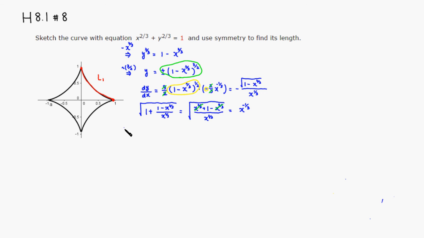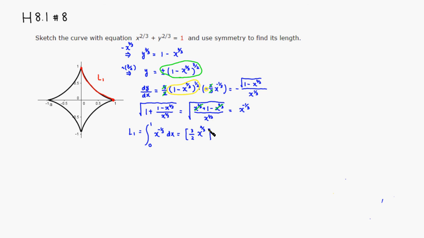So we can find L1. L1 is going to be equal to the integral from 0 to 1 of x to the negative 1/3 power with respect to x. The antiderivative: add 1 to the power, so that's 2/3, and dividing by 2/3 is equivalent to multiplying by 3/2.